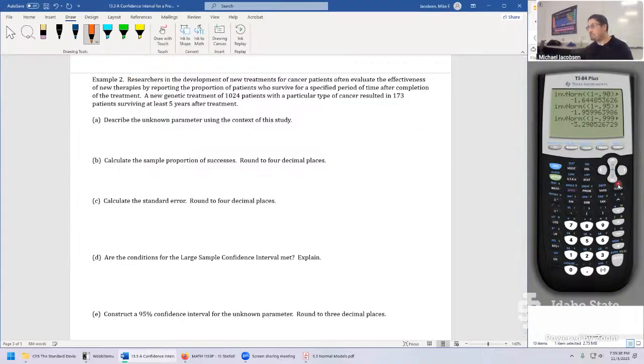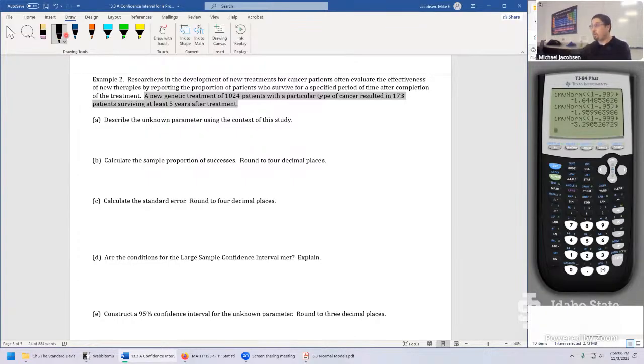It says here, researchers in the development of new treatments for cancer patients often evaluate the effectiveness of new therapies by reporting the proportion of patients who survive for a specified period of time after completion of the treatment. It goes on to say, a new genetic treatment of 1,024 patients with a particular kind of cancer resulted in 173 patients surviving at least 5 years after treatment.